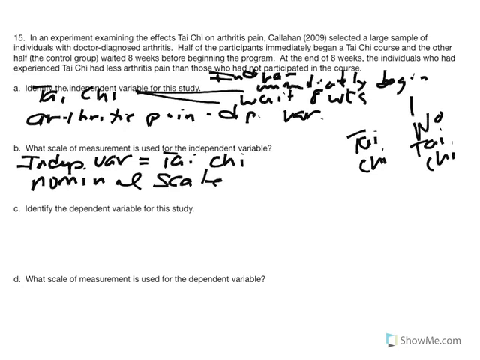Okay, identify the dependent variable of this study. So I think, let's see here, I've already done that, I'm sorry, I just noticed that I was a little ahead of myself. The dependent variable is the arthritis pain.